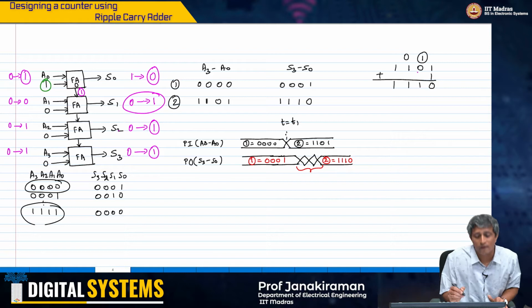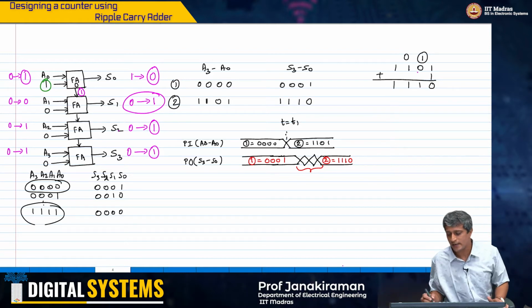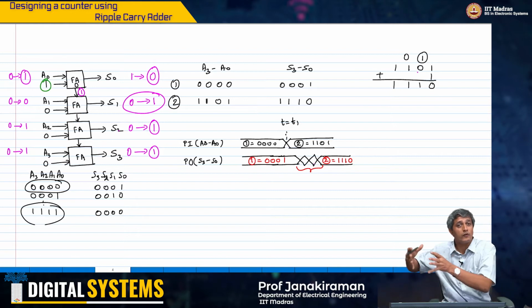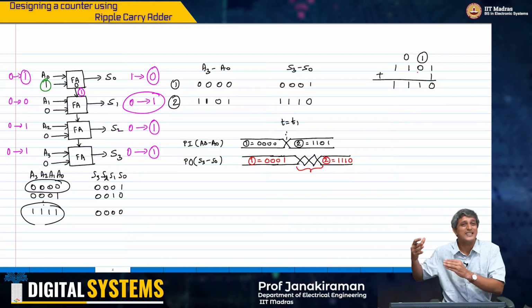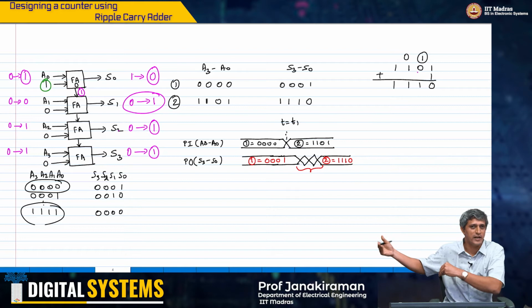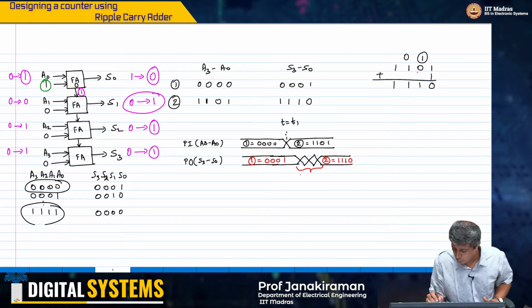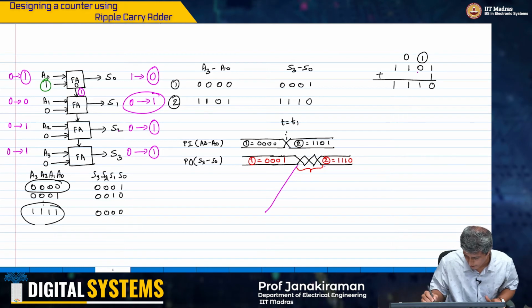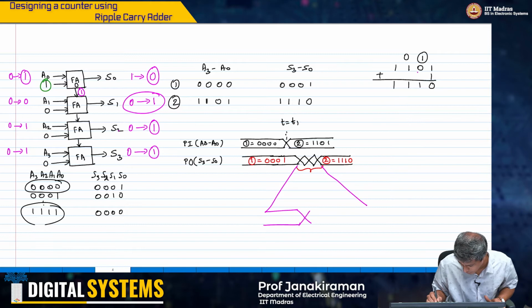This would have happened in 2 full adder delays. So if I look at this state here, the way it would have transitioned before it went to its steady state value, this would have gone through 2 transitions. If I just blow this up a little bit, it would have gone through 2 transitions like this.